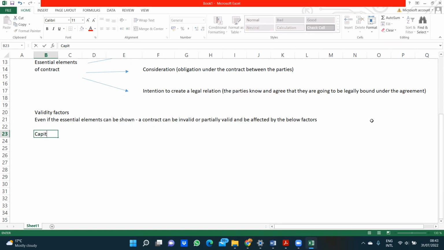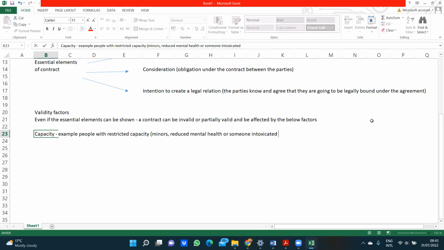Capacity: for example, people with restricted capacity, such as reduced mental health, or someone intoxicated when the contract was being made.